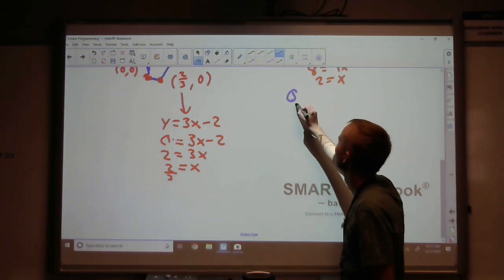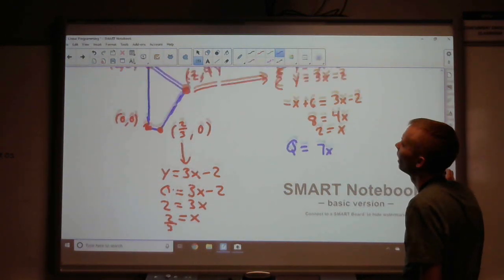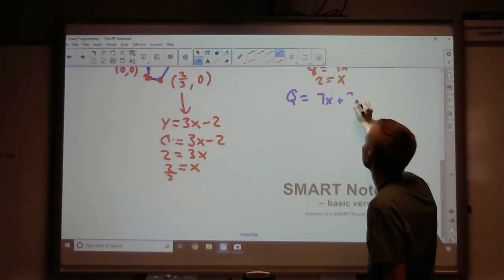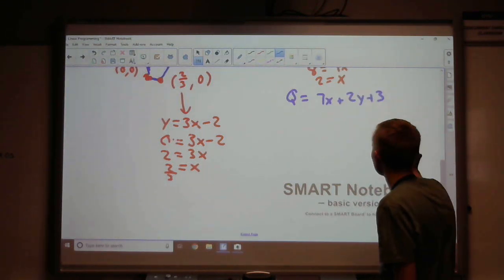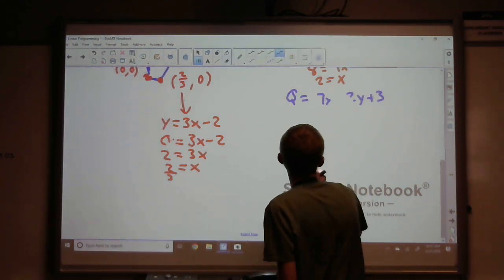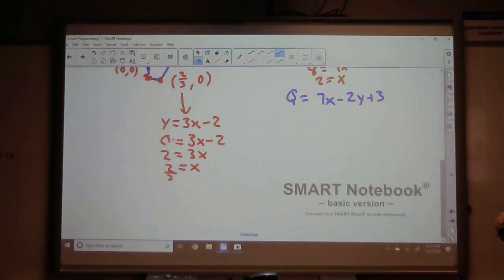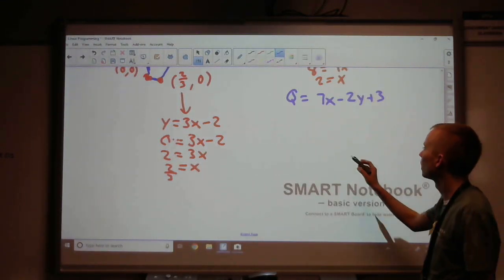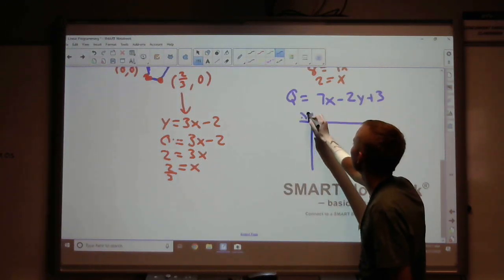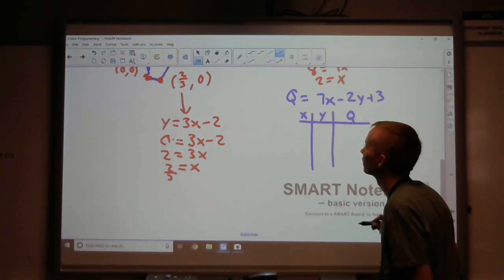So Q equals 7x minus 2y plus 3. So then what I'm going to do with this is I'm just going to take all my vertices, x's and y's, and we'll plug them in to get what Q is.